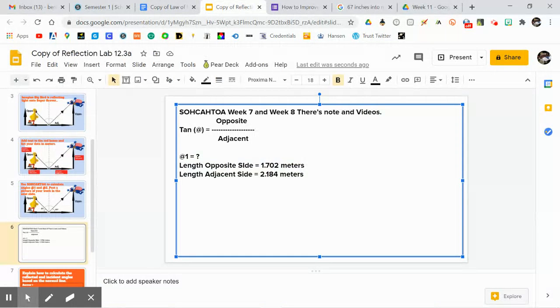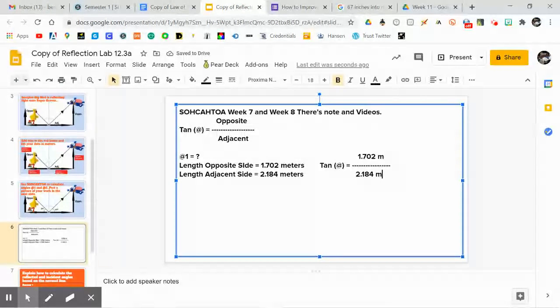And so now we are gonna plug in our information. So tangent of our angle is equal to the opposite, which is 1.702 meters, divided by 2.184 meters.